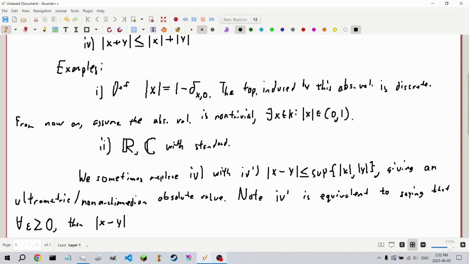So that's saying that taking groups of items which are all within epsilon of each other is an equivalence relation.